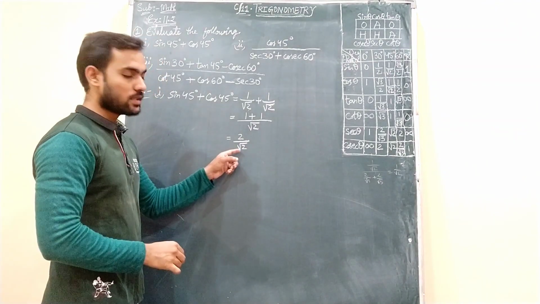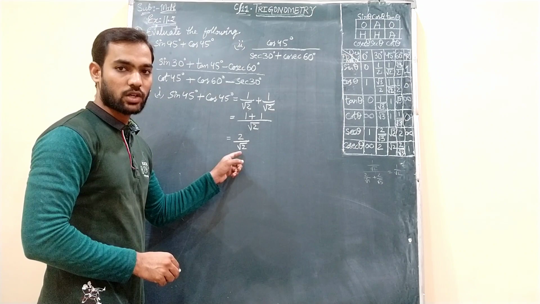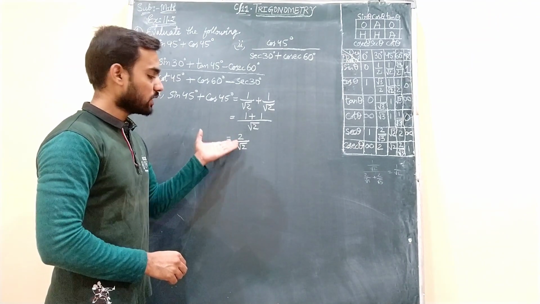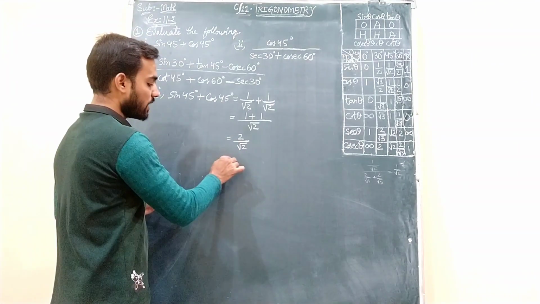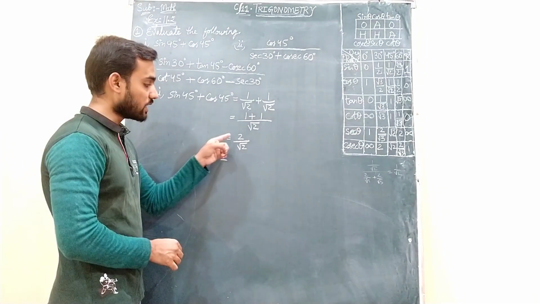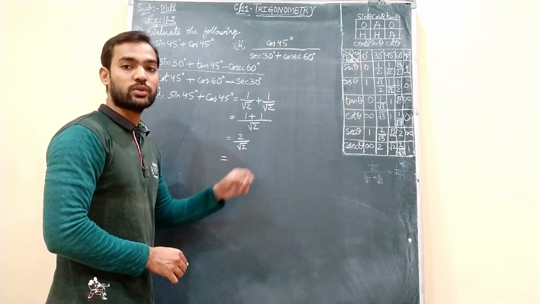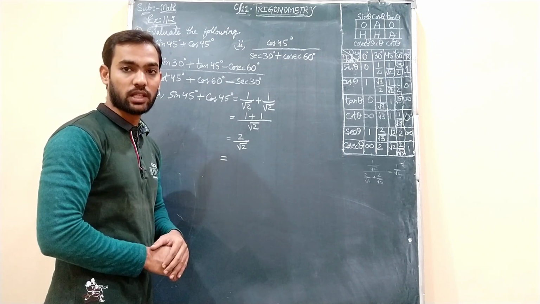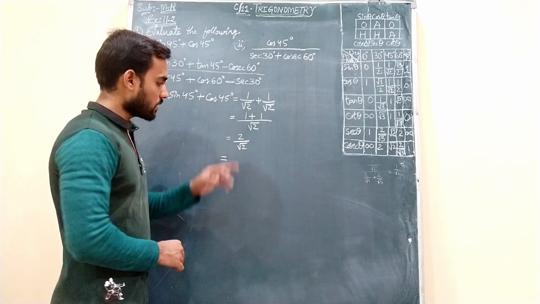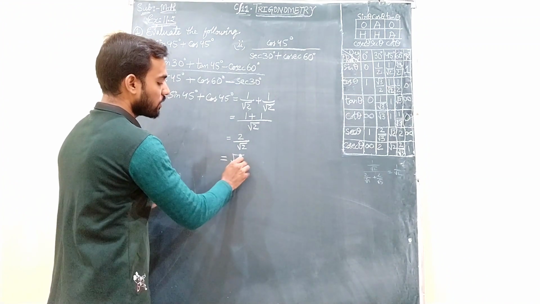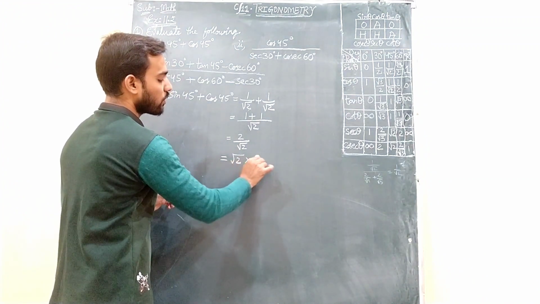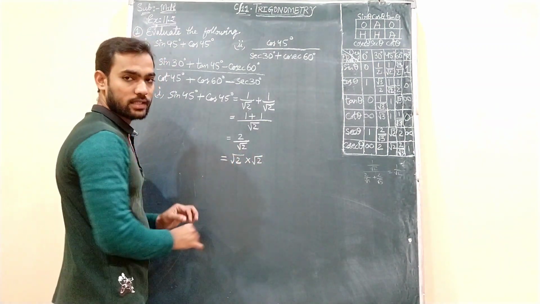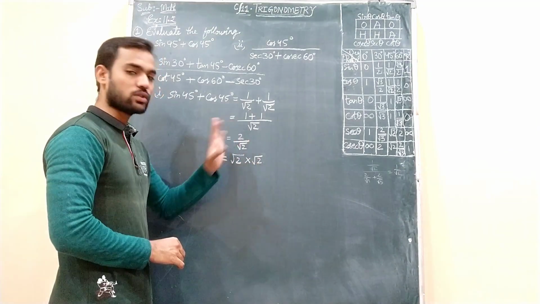Students, irrational numbers should not be in the denominator, and 2 by root 2 cannot be cancelled further as it is. But we have learned in earlier classes that this 2 can be written as root 2 into root 2, just as root 3 into root 3 gave us 3. Root 2 into root 2 is 2 only.